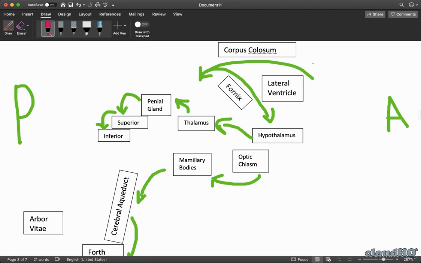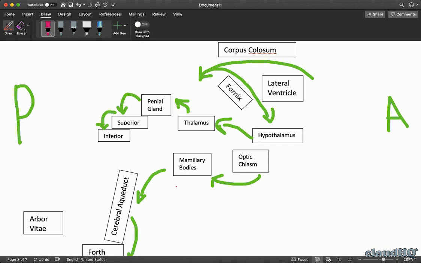We have, of course, anterior and posterior. So the corpus callosum into the fornix, into the hypothalamus, to the thalamus, to the pineal gland, superior colliculi, inferior colliculi. Okay? Lateral ventricle is in between the corpus callosum and the fornix.